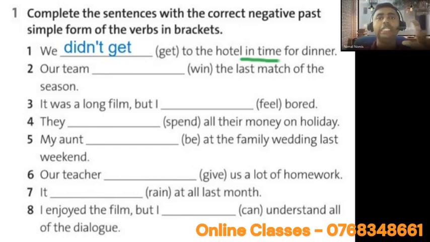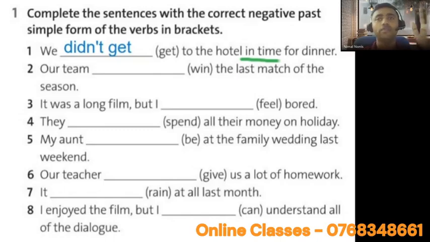When you say in time, it's right before the time. For example, let's assume the class starts at 8 o'clock in the morning, and you go to the class in time. The meaning is that before 8 o'clock you go to the class.